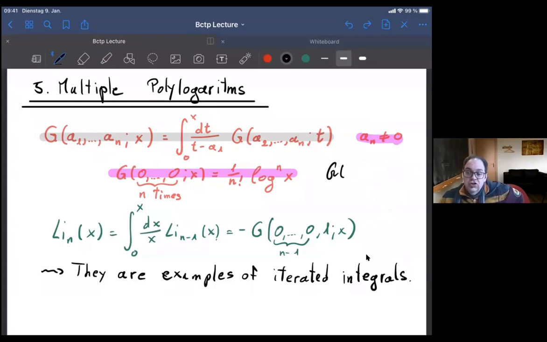So this also shows that these polylogarithms contain the logarithm as a special case. I leave it to you as an exercise to show that they also contain the Li_n as special cases, what's sometimes called the classical polylogs, in contrast to the multiple ones, which are these G's.